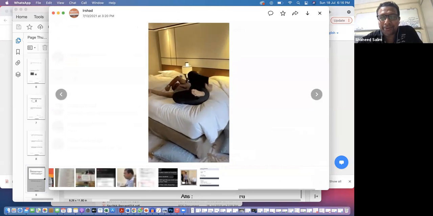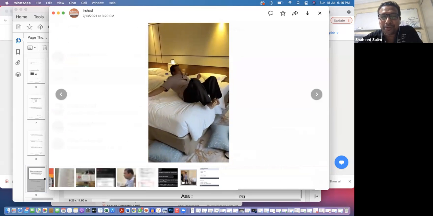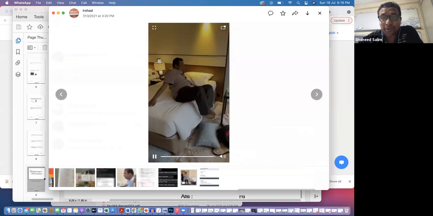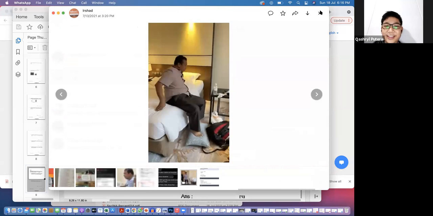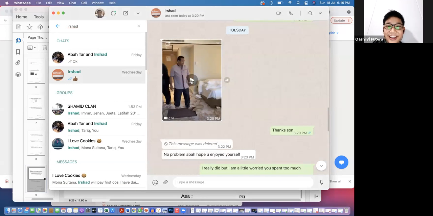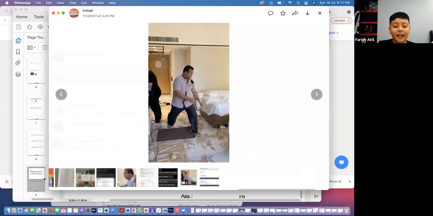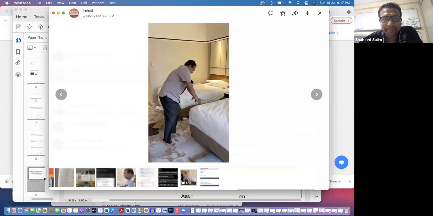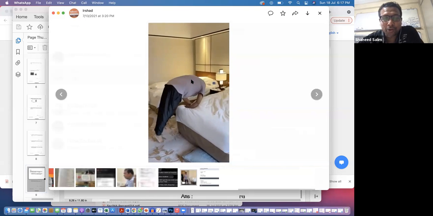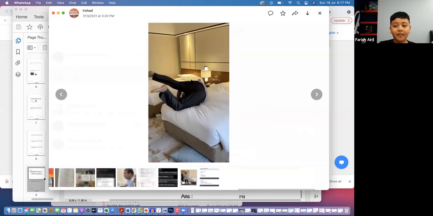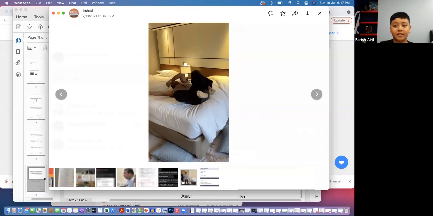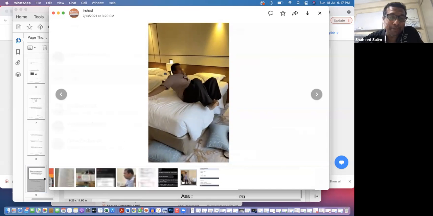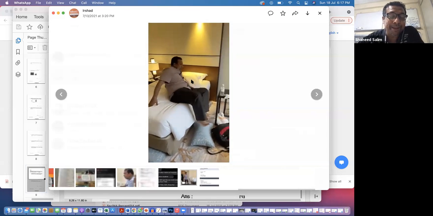And this is what I do all the time when I go to the hotel, and I don't do it at home. Every time I go to hotel, I check whether there's a bathtub or not. Oh, me too. In this case, there's no place to wash up in the hotel, so my son washed inside the bathtub. So beware when you go and bathe in the bathtub next time.